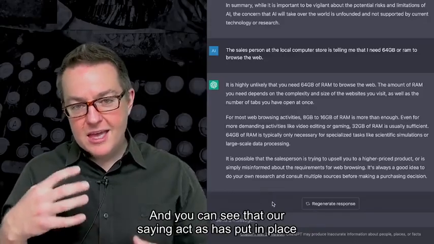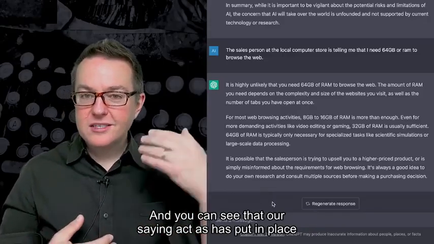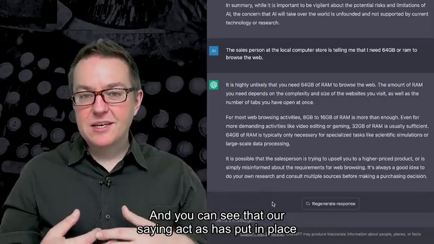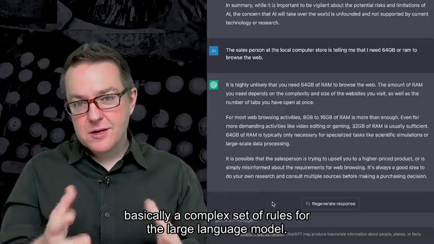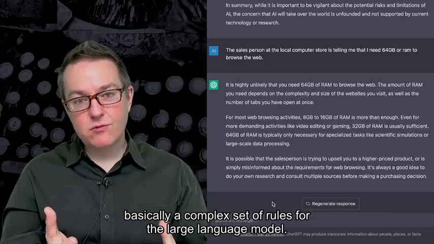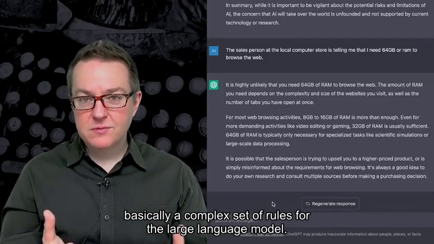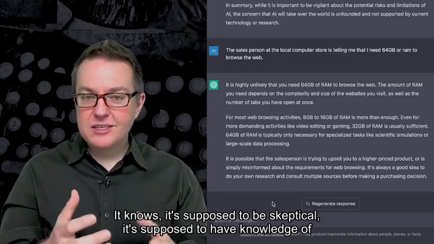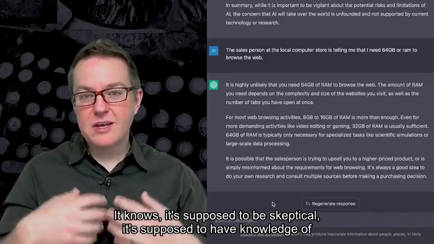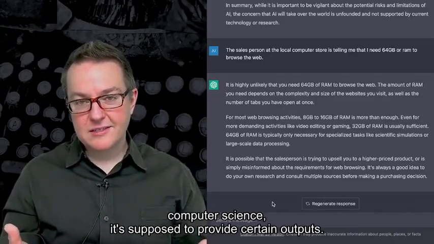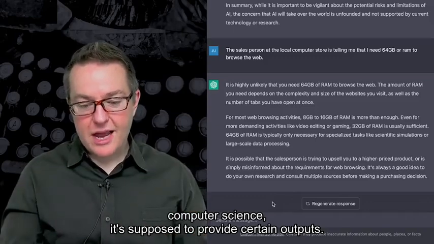And you can see that our saying act as has put in place basically a complex set of rules for the large language model. It knows it's supposed to be skeptical. It's supposed to have knowledge of computer science. It's supposed to provide certain outputs.